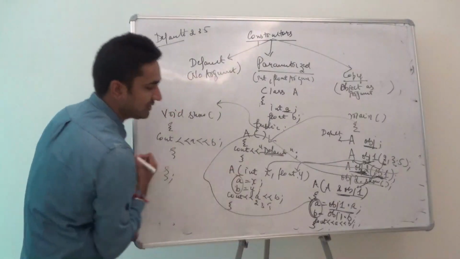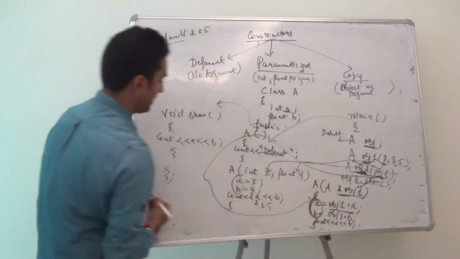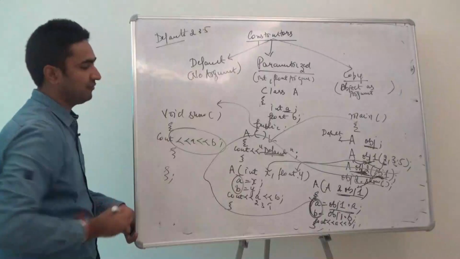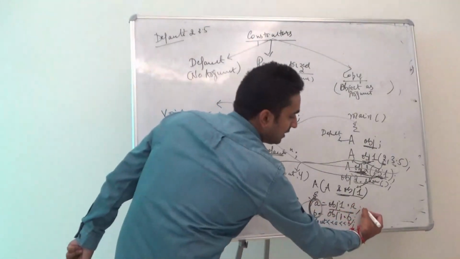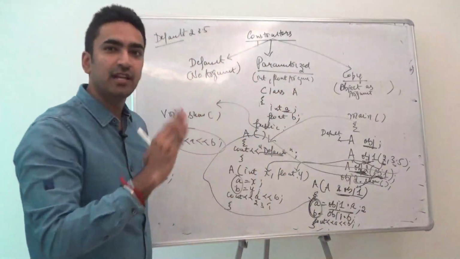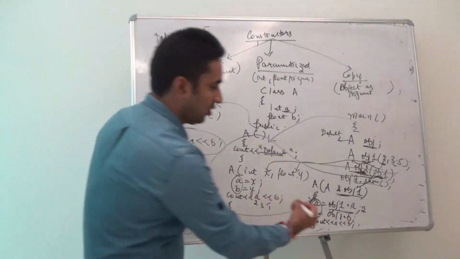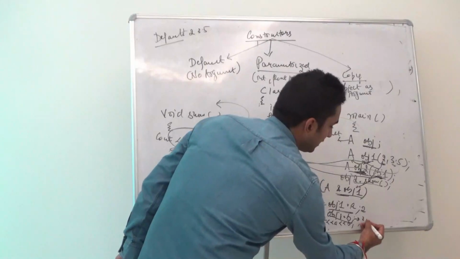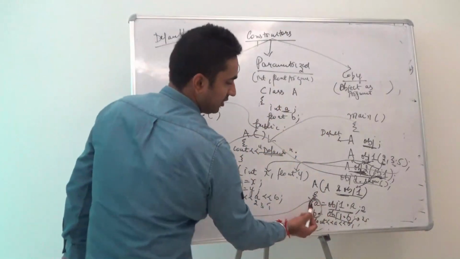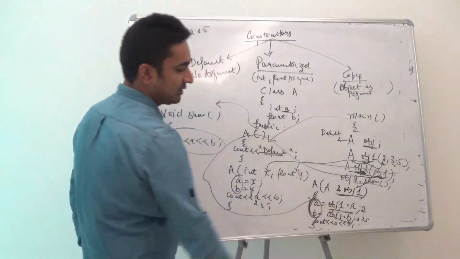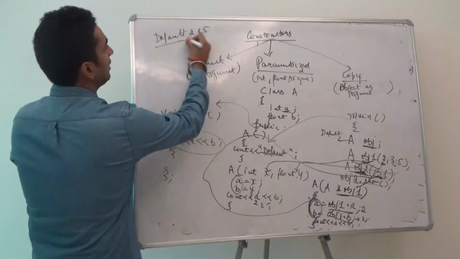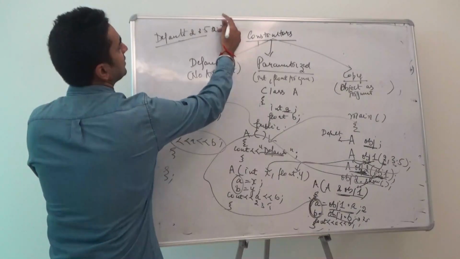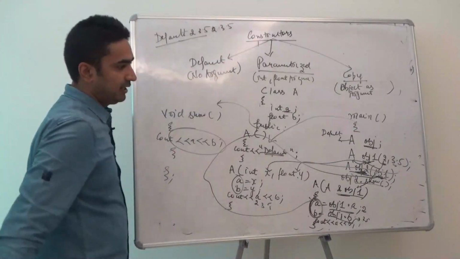So A is given object 1 dot A, it means 2 is given to it. Object 1 has A value as 2, object 1 has B value as 3.5, so 2 is given to A, 3.5 is given to B, cout A B, so over here 2 and 3.5 still comes, right?